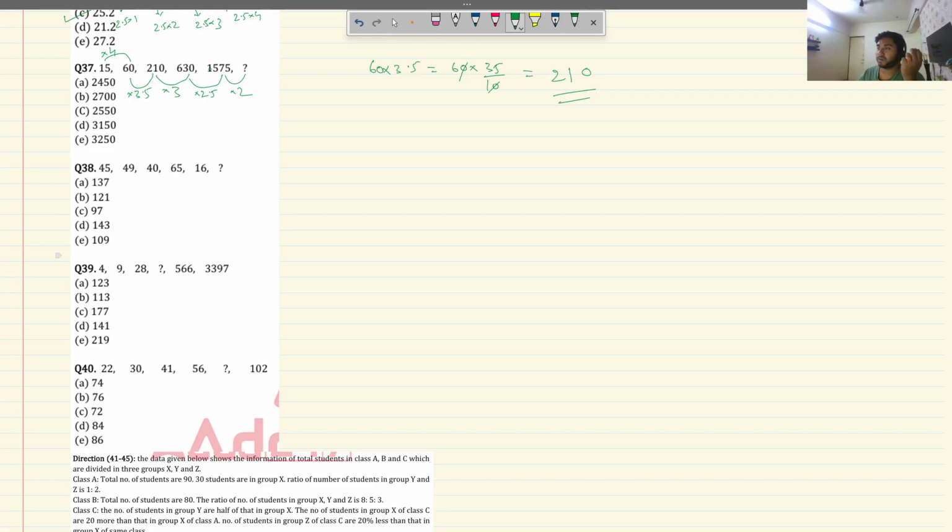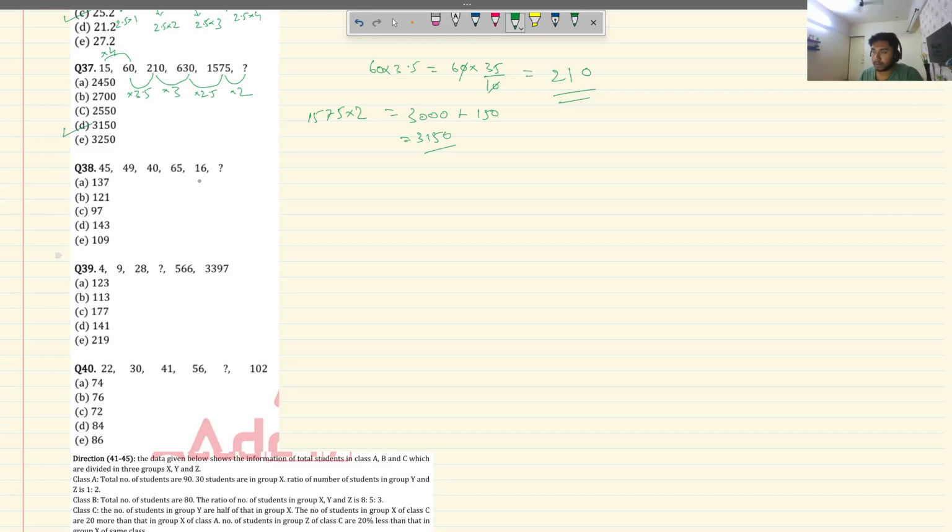So the missing number should be 1575 into 2. 1500 into 2 is 3000 and 75 extra है. 75 into 2 is 150, so 3150. That is my answer.